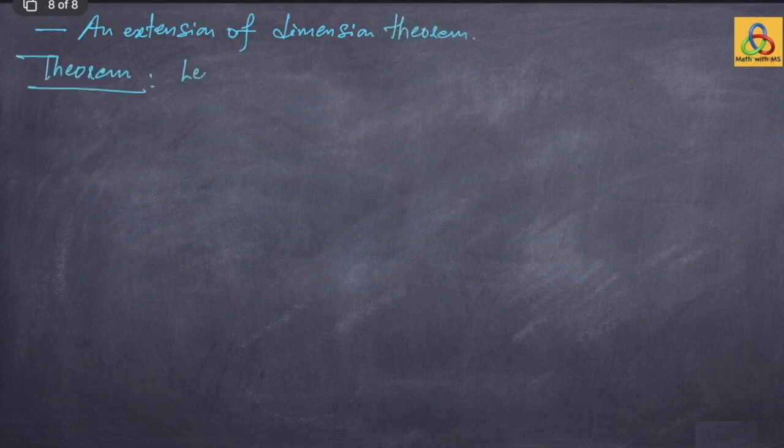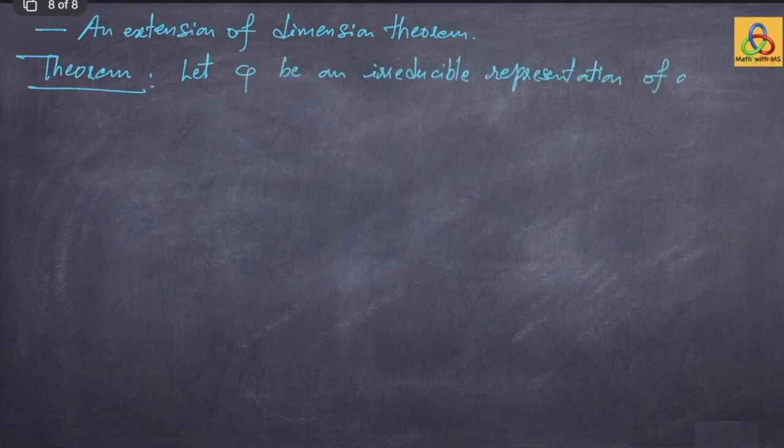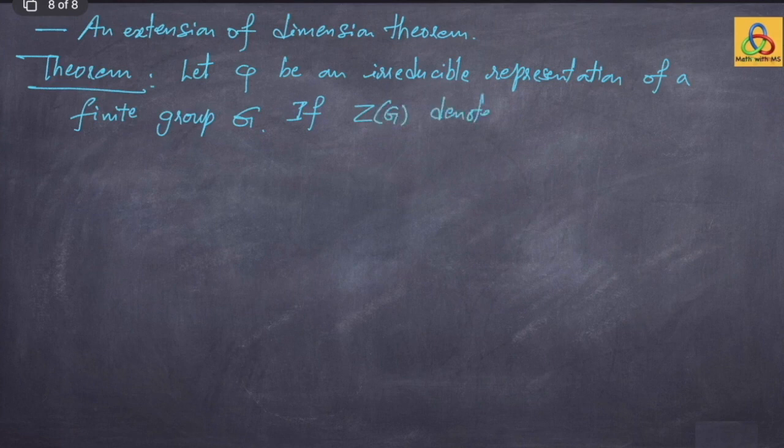So now let us prove the extension of the dimension theorem. We have built up the necessary background. Let phi be an irreducible representation of a finite group G. If Z(G) denotes the center of the group G, then the degree of the representation phi divides the order of G by Z(G).